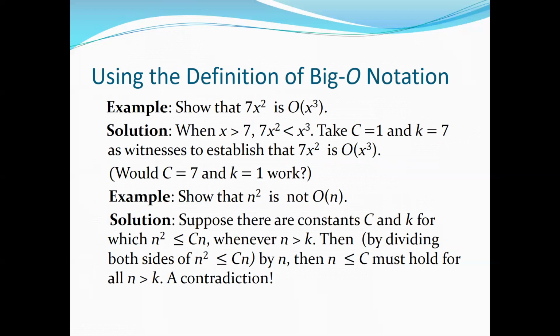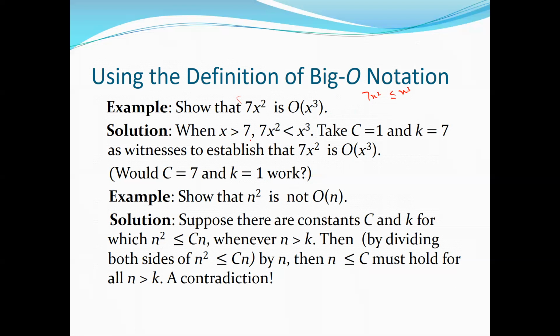One more example. Show that 7x square is big O of x cube, right? So you need to prove the inequality that 7x square is less than or equal to x cube. How are you going to prove that? This is very simple, isn't it? x is obviously greater than 7.